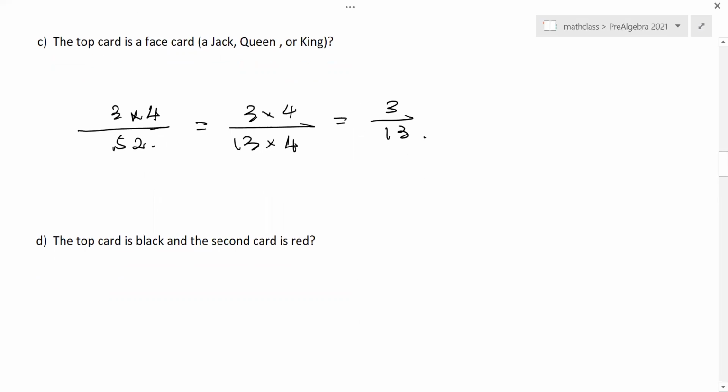The top card is black. So this time you're going to take 2 cards.